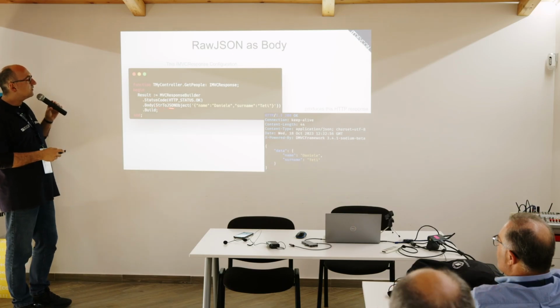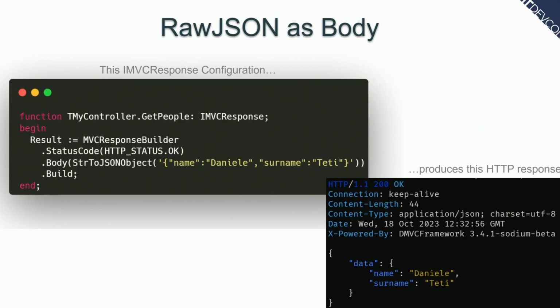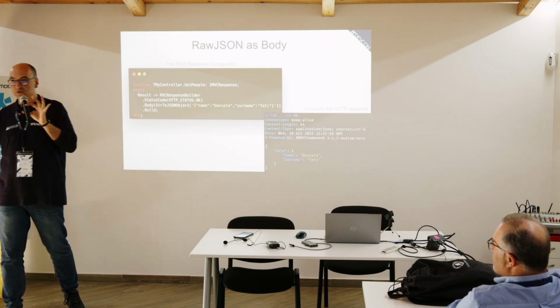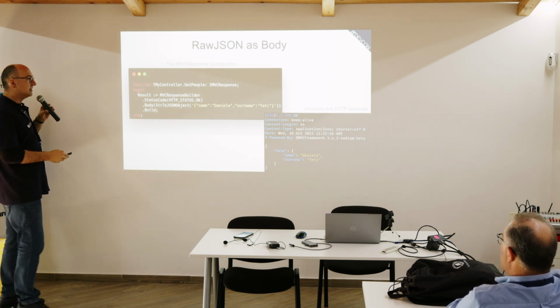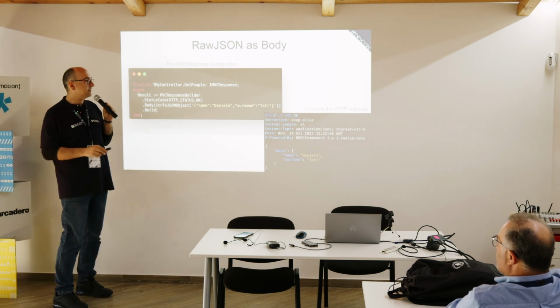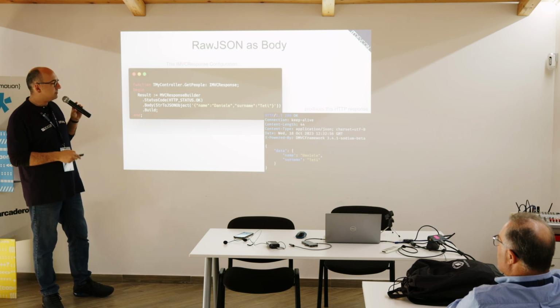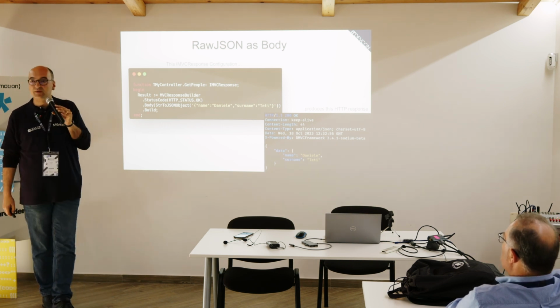There is a new built-in function, which is str to JSON object, which is safe in the sense that if this is not a valid JSON, it raises an exception. It doesn't return nil or empty, something that you have to check. Just fail first, harden first. So status code, body as JSON, and build, and this JSON is wrapped in the data property directly.